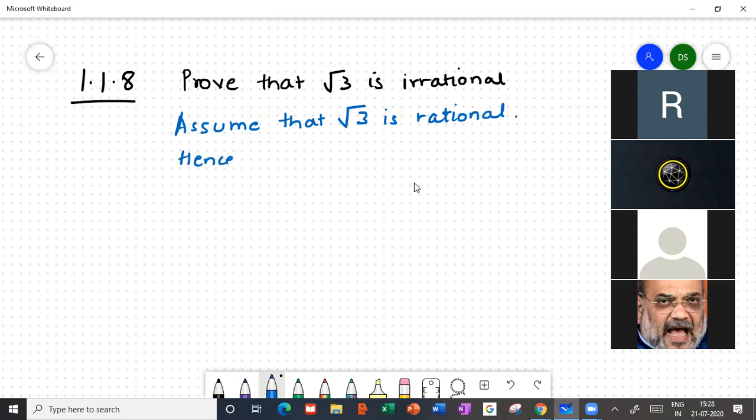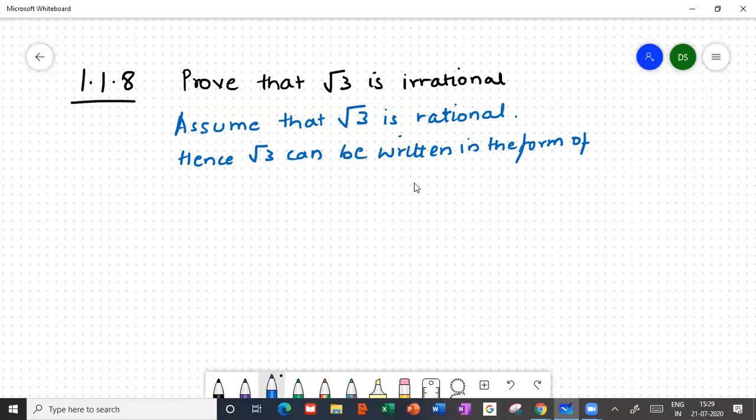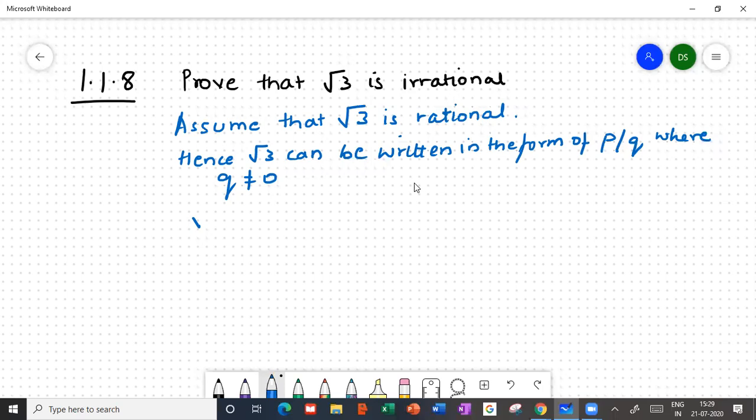Hence, root 3 can be written in the form of P by Q, where Q is not equal to 0. So root 3 is equal to P by Q.